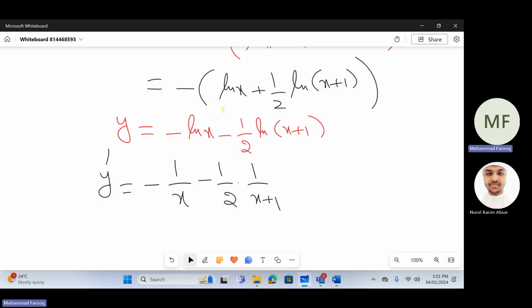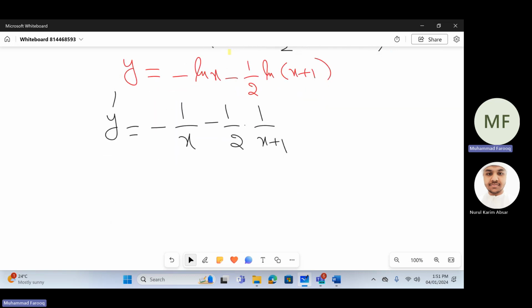Now we simplify more. What can we use here for simplification? We can use the common denominator. Basically we multiply up and down by 2 times x plus 1.